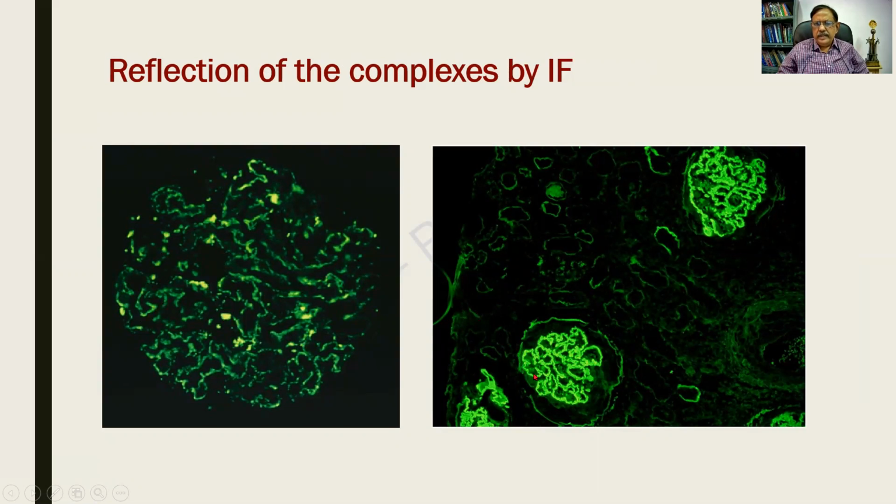In some conditions, it will be in the basement membrane, so there will be a uniform deposition of the complexes, which are demonstrated by means of immunofluorescence. So what are all the investigations we can do? One is electron microscopy, two is immunofluorescence, and the third one is light microscopy. These three things we shall mention.